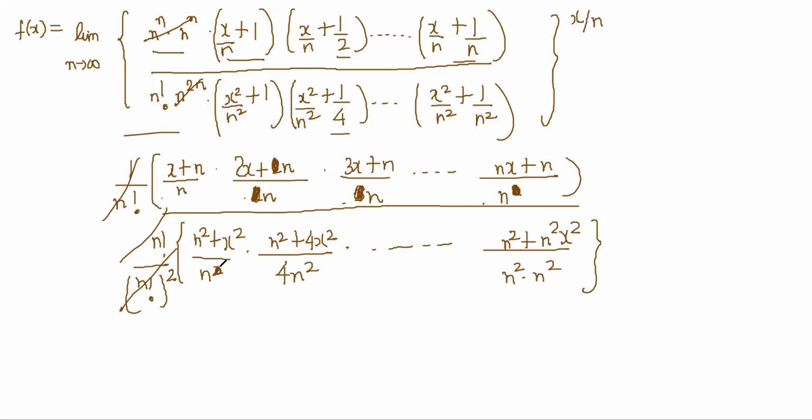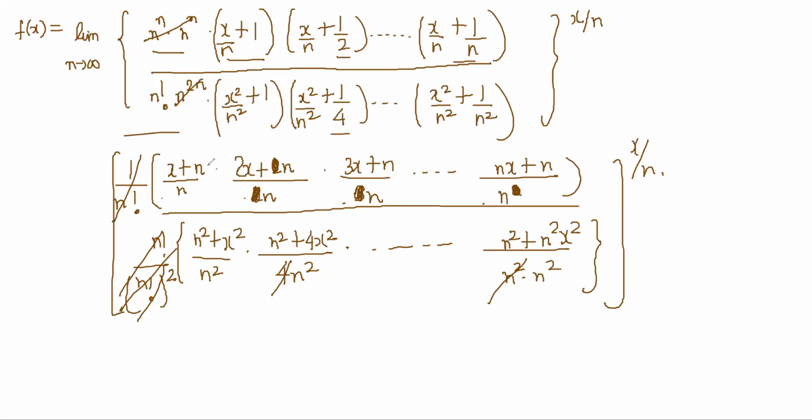And what has been removed now? All the coefficients have been removed. This is fine. All the coefficients have been removed, right? And n factorial square gets cancelled, and the whole thing is to the power x by n, right?